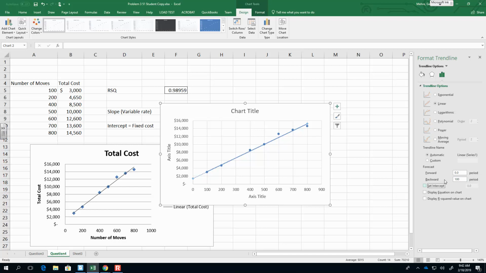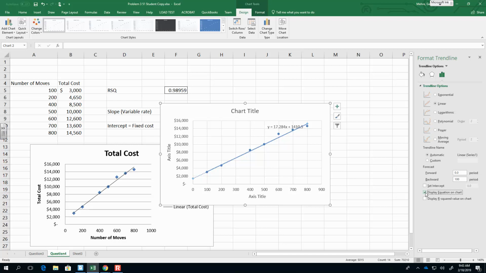So if I'm going too fast, just look at the video on your phone hopefully, or via the email. Oh, display equation on the chart. So turn the equation on so you can see the slope, which is the 17 here.